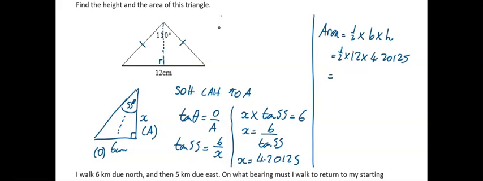A half times 12 times 4.20125 and press equals. I have got my answer to 2 decimal places to be 25 point, well, it was 2075, so to 2 decimal places is going to be 25.21, and that's going to be centimeters squared, and that's to 2 decimal places.